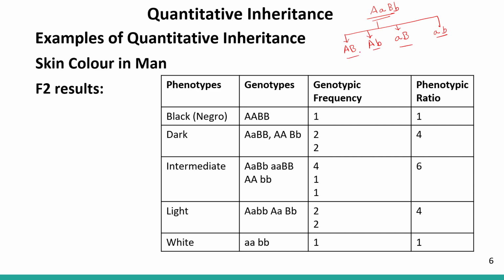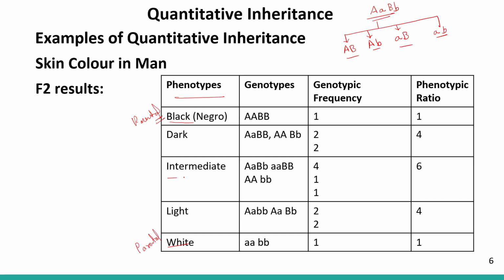So there will be 4 different types of gametes produced in the F2 generation. These will be the phenotypes. We will have black, that is the parental one, and white, that is also showing the parental one.